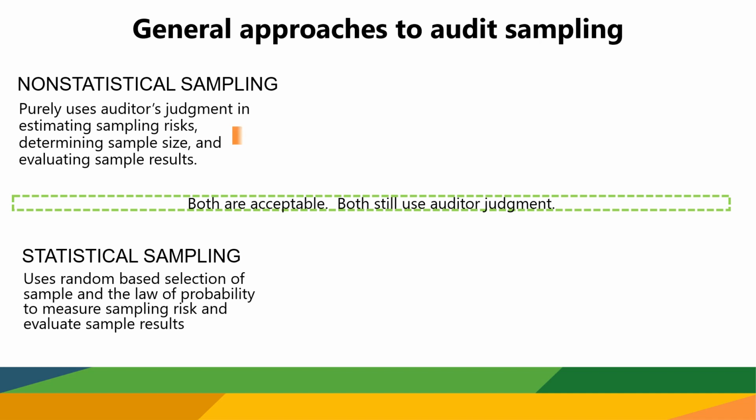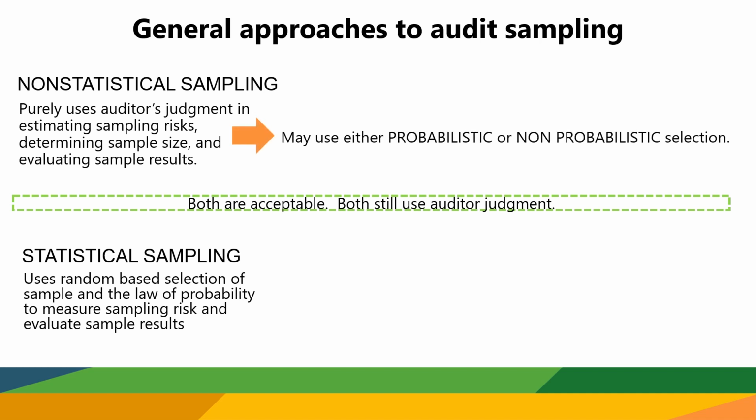All right. Now, another thing as well that we must remember is that in the case of non-statistical sampling, the auditor may use either probabilistic or non-probabilistic selection. That means the auditor has a freer rein as to the sample selection techniques that the auditor will use later on. But if the auditor uses statistical sampling, the auditor may only use probabilistic selection.